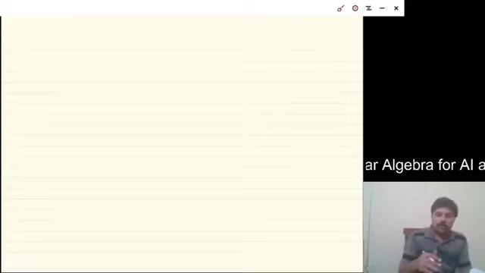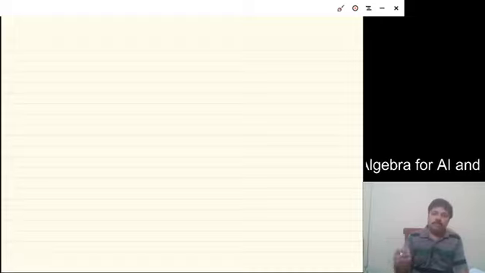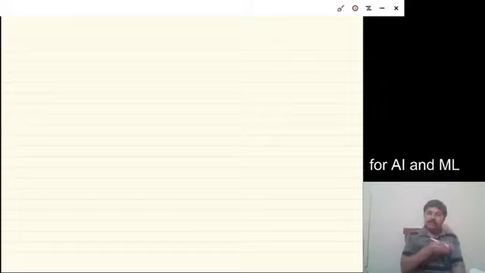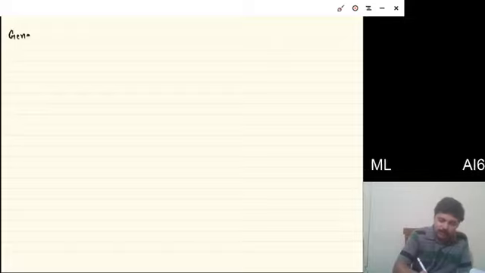So there can be many functions which will satisfy these 4 properties. So any function which satisfies these 4 properties will be called a norm on Rn. So let's write down the general definition for norms.